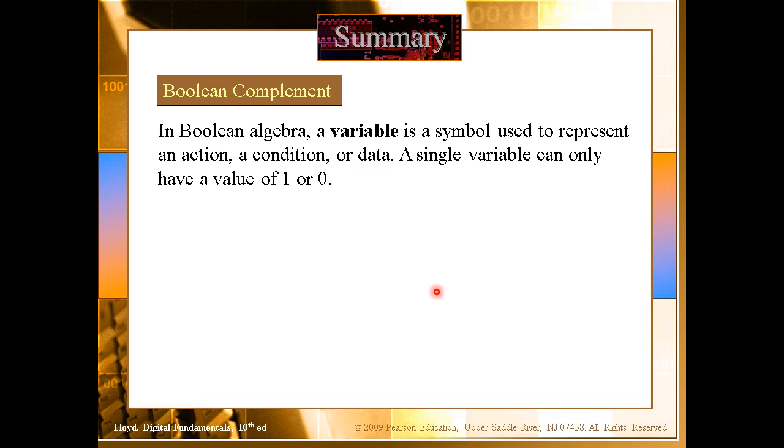Now, in Boolean algebra, just like your traditional algebra, we have variables, right? How do you represent variables? You use some symbol. Let's say, for example, in your math class, you use X, Y, Z, or A, B, C, D as variables. Similarly, in Boolean algebra, we have symbols to represent an action, condition, or data.